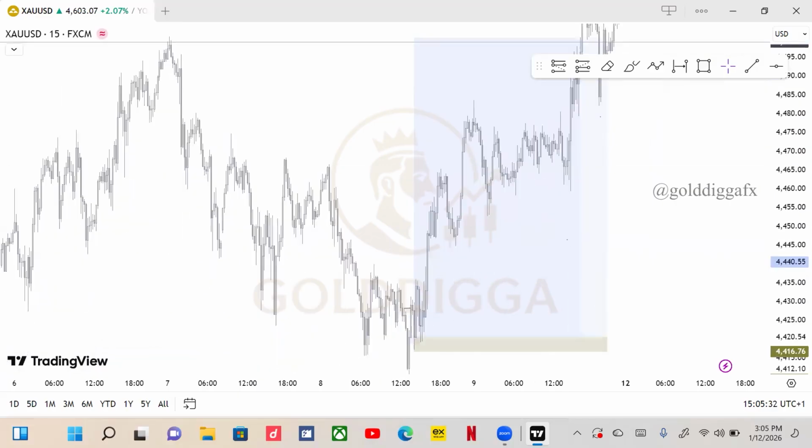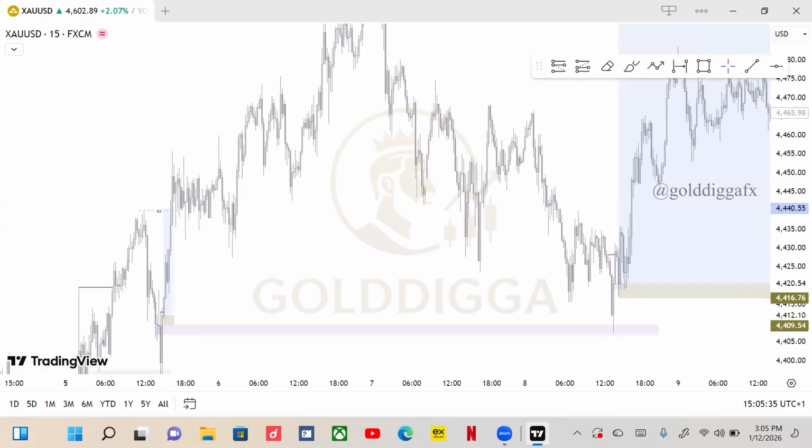So same way, sometimes we have trend liquidities. We also have swing highs, swing lows, and equal lows liquidities, and also range liquidity. All of these are how we determine directional bias.